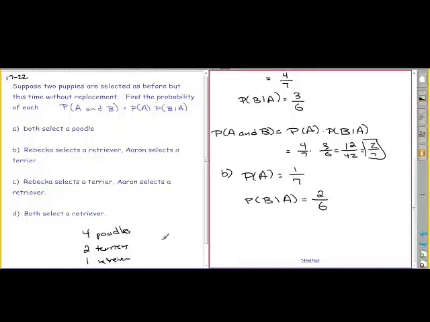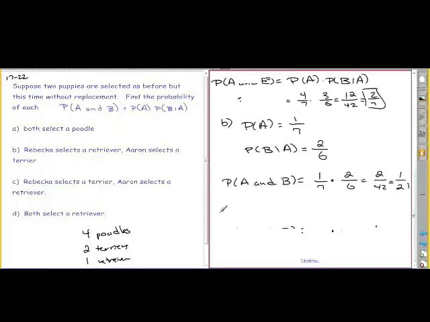So this becomes 6, because we only have 6 dogs to choose from instead of 7. So the probability of Rebecca picking a retriever and Aaron selecting a terrier is equal to the probability of Rebecca picking a retriever multiplied by the probability of Aaron picking a terrier, given that Rebecca has picked a retriever. So we get 2 divided by 42, which is 1 over 21.